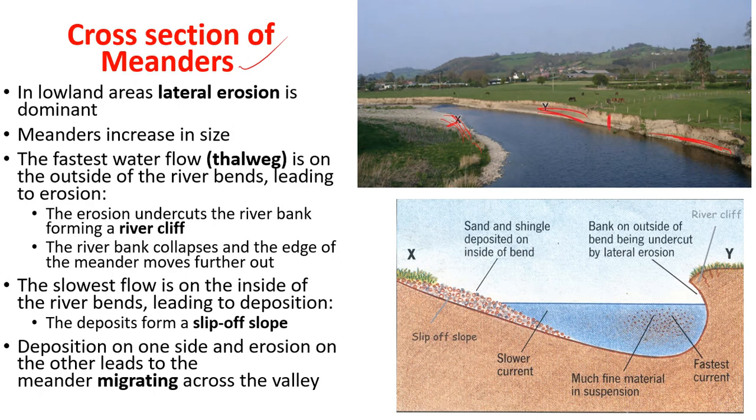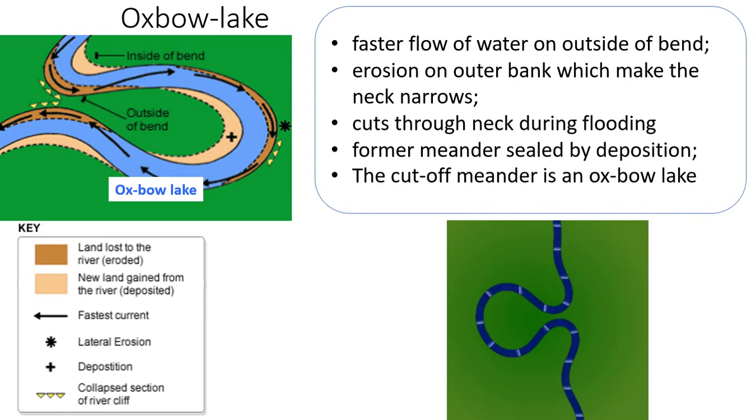Then you can see it's vertical here, so it forms a steep slope. And here it is gentle, moves downward this way, forms a gentle slope. So here will be the river cliff also. This will be the river cliff, steep slope, undercut. So they ask you for the features. It's that simple.